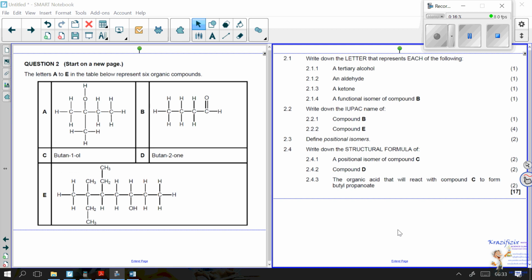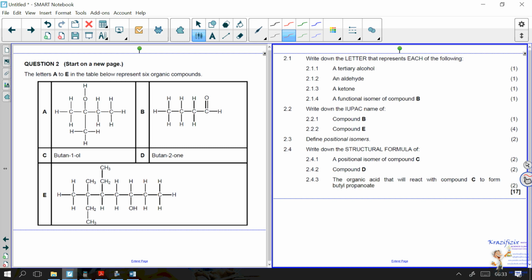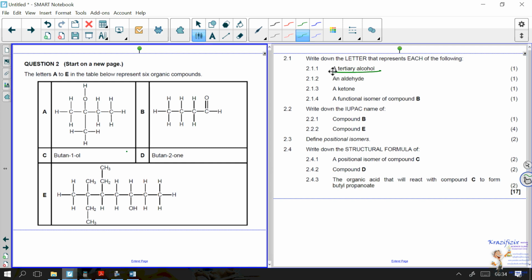The letters A to E in the table below represent 6 organic compounds. This is how I like to do my question, but let's run through all these questions. A tertiary alcohol. First thing, let's go check for an alcohol. It's either C or A. But my correct answer, a tertiary alcohol, let's see.